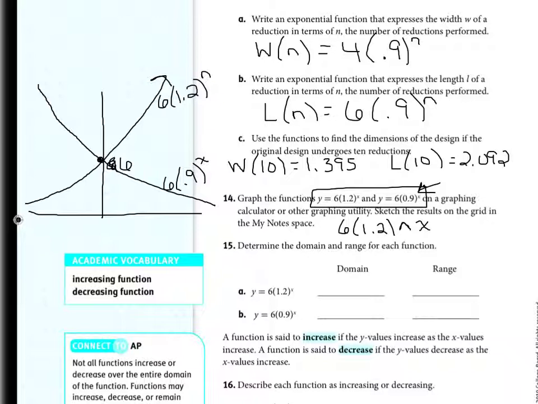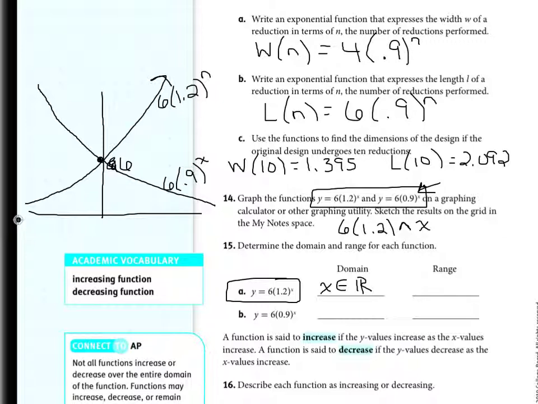So let's think about that first one again. What is the domain? Well, the domain is all real numbers. So x is an element of all real numbers. But what is our range? What kind of lengths are we getting out? Can they ever be negative?